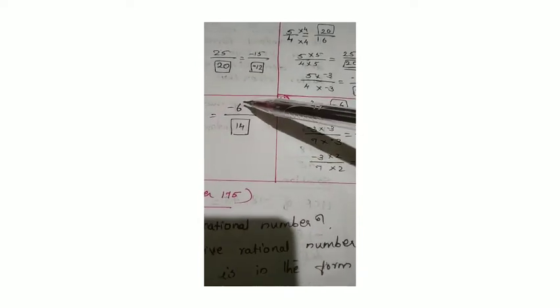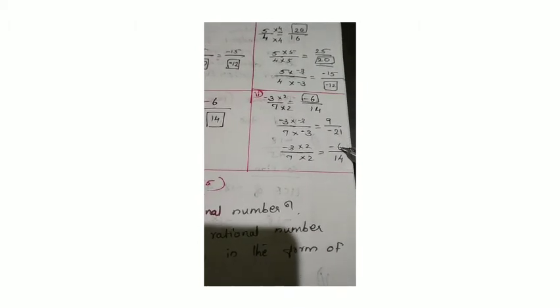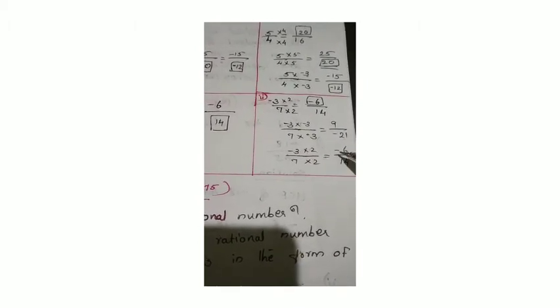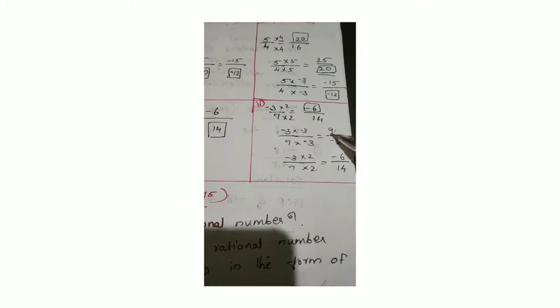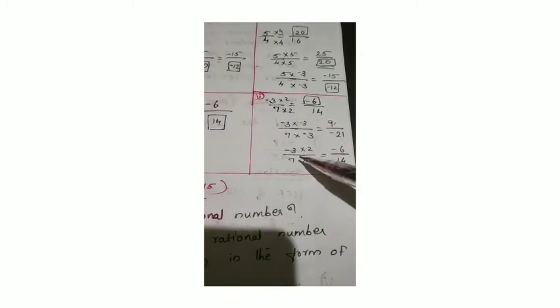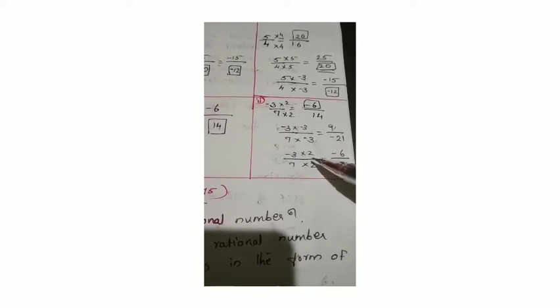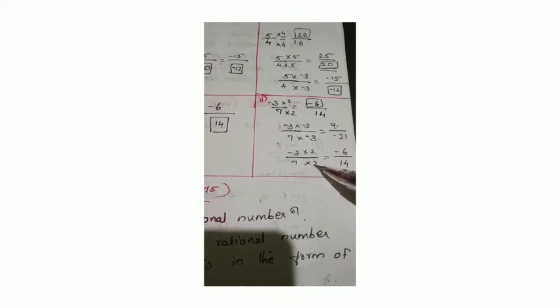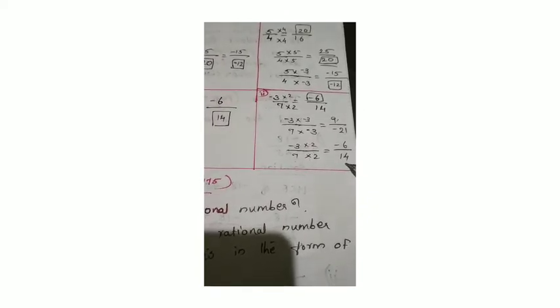So negative 6 is given. Negative 3 times positive 2 is equal to negative 6, because negative times positive will be negative. Here 9 was given and negative times negative will be positive. Positive 9 was the clue. So negative 3 times 2 is equal to negative 6. So here also we have to multiply with 2. 7 times 2 is equal to 14, so negative 6 on 14. Clear?